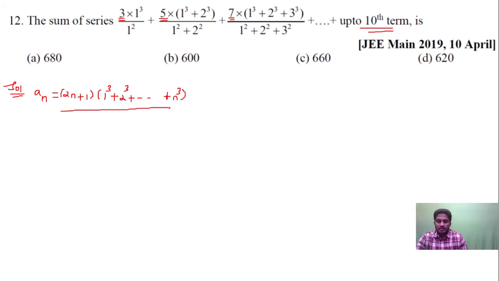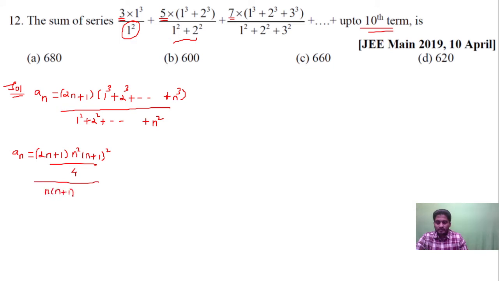Whole divided by: the first term is 1 square, the next is 1 square plus 2 square, the nth term is 1 square plus 2 square and so on up to n square. So this is 2n plus 1. 1 cube to n cube will be equal to n square into (n plus 1) the whole square, divided by 4. 1 square to n square will be equal to n into (n plus 1) into (2n plus 1), whole divided by 6.